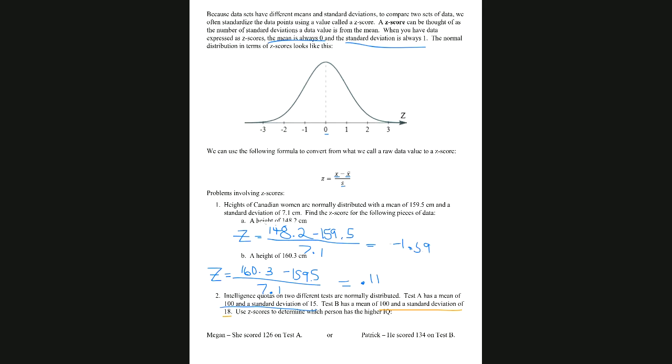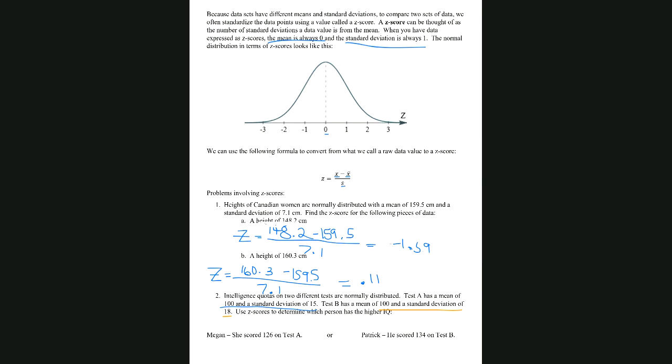It says use the z-scores to determine which person has the higher IQ. Alright, so if Megan scored a 126 on test A and Patrick scored a 134 on test B, I can't compare these yet because they have two different standard deviations. So I need to change these both to z-scores.